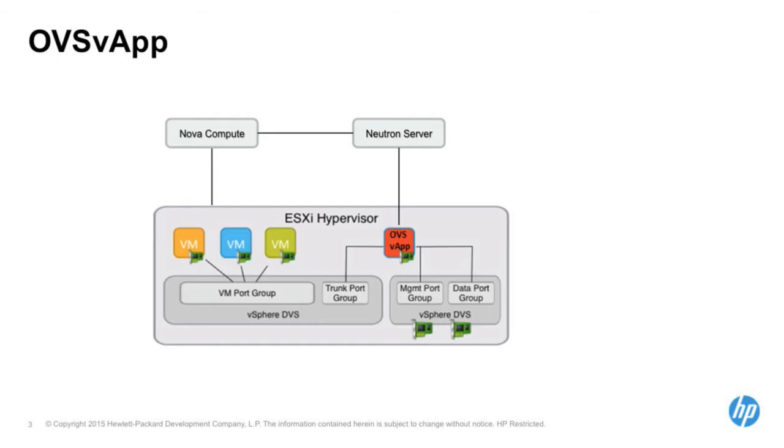You must all be aware that in a vCenter cluster, there might be n number of hosts. For each host, we deploy one OBSV app, and that OBSV app then talks to the Neutron server, just like the OVS L2 agent on a KVM node.